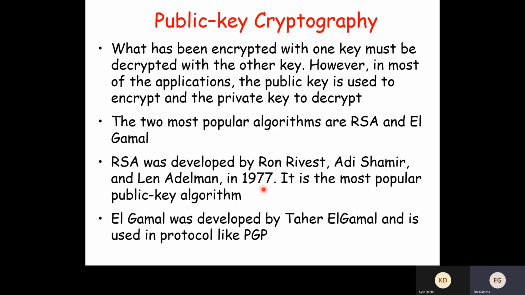There is another one that was done by Taher Elgamal, which is called ElGamal. For example, PGP, Pretty Good Privacy, that was developed by the Free Software Foundation, the GNU, is one of these tools that you can use, and behind it has the ElGamal algorithm.